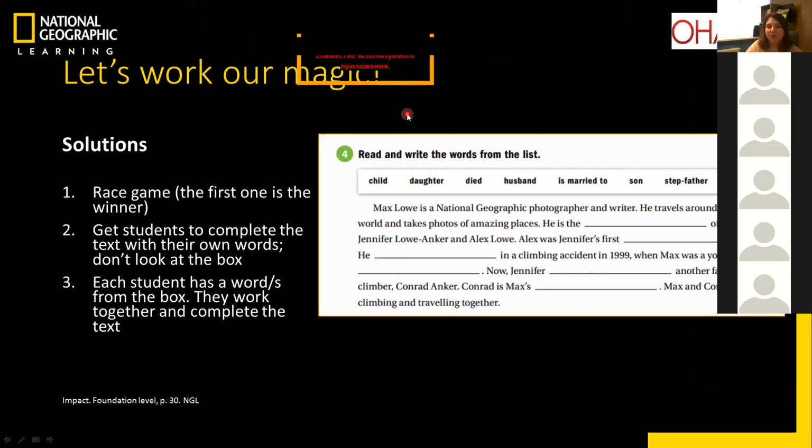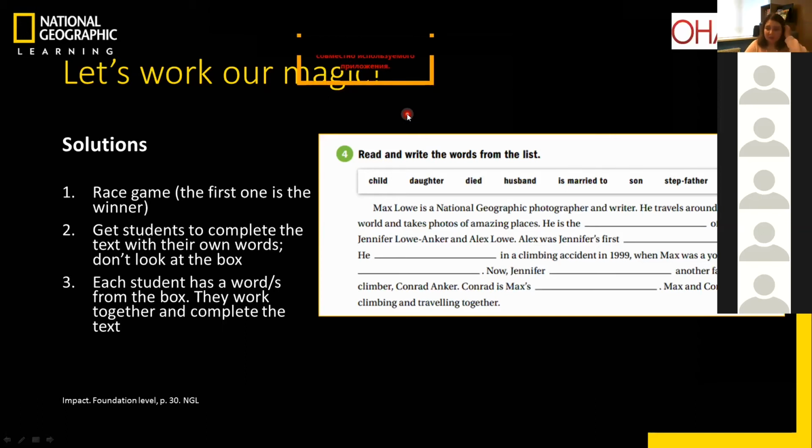So option number 3 is that each student can have a word from the box. For example, we may have 7 students, and each of them will have a word from the box. You can give them a worksheet with the text only. The aim is to do this collaborative work and complete the text with the correct word.